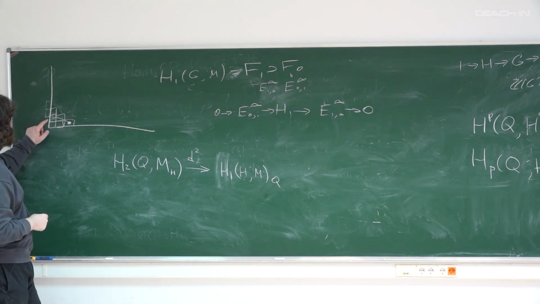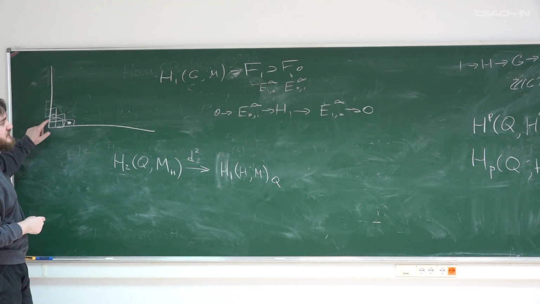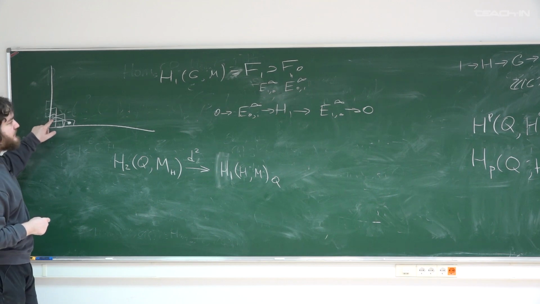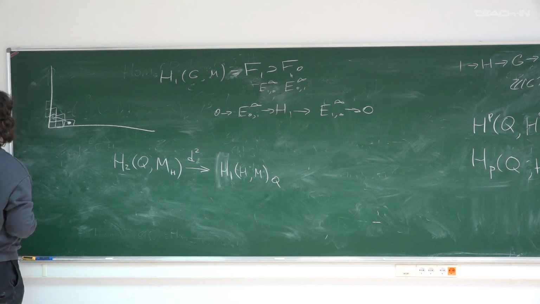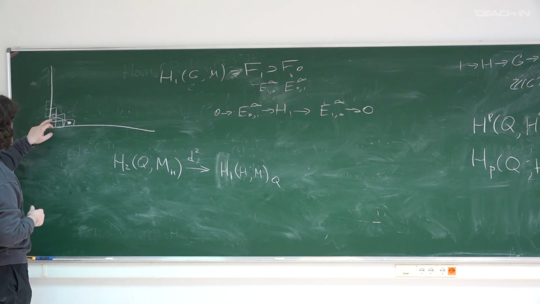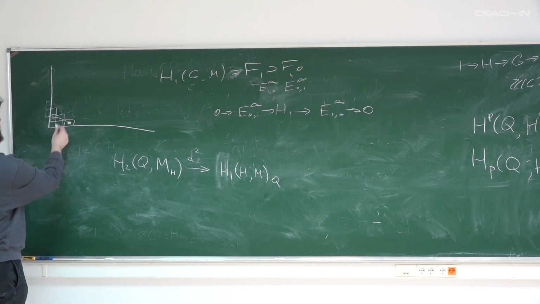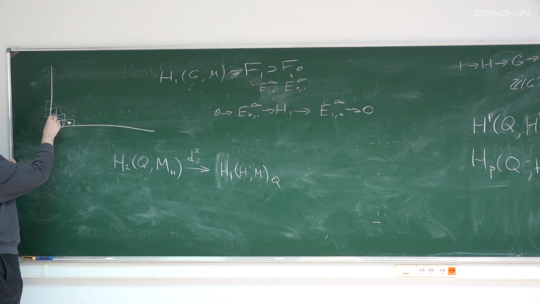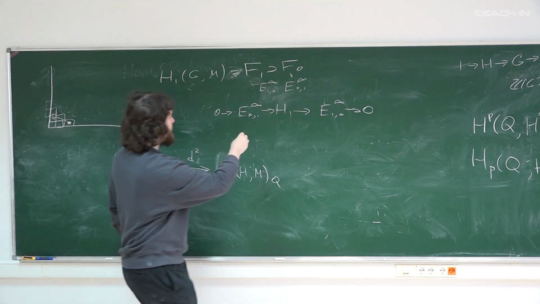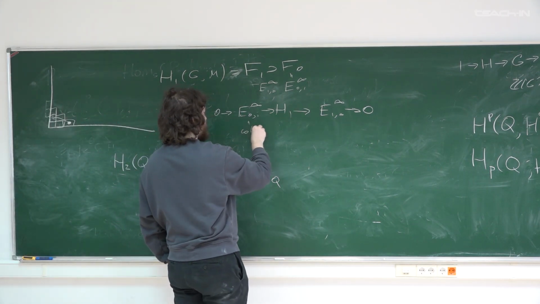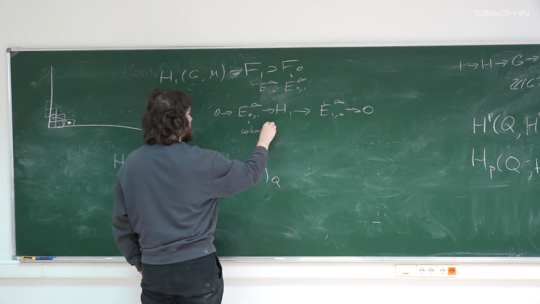But what is in this place? It's 0, 1. The infinity page is exactly the cokernel of this differential, because I have only one inward differential and no outward one. So infinity here is just the cokernel of this differential.